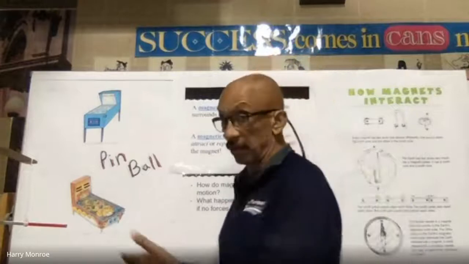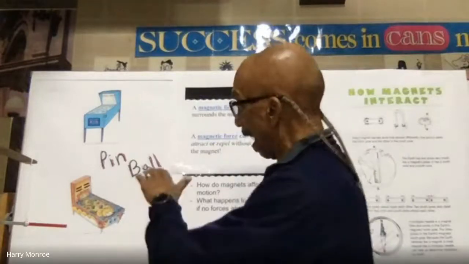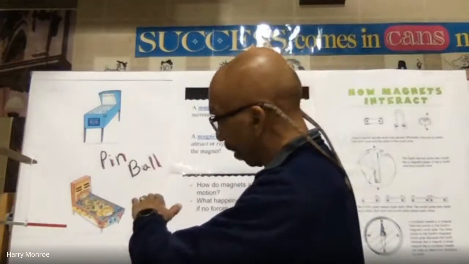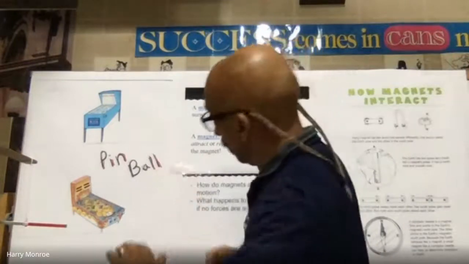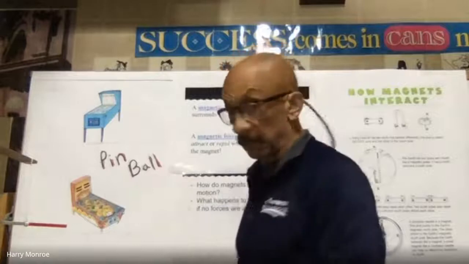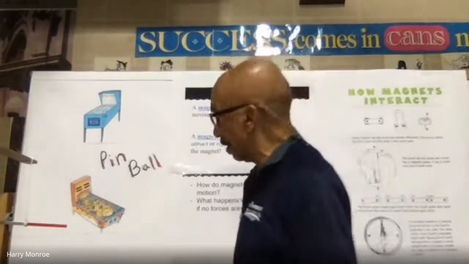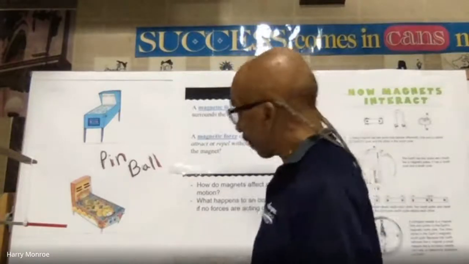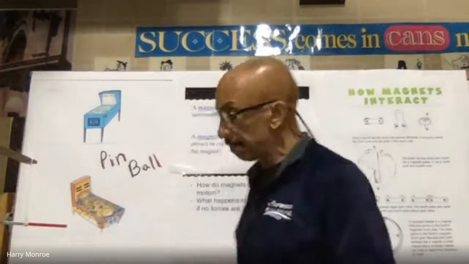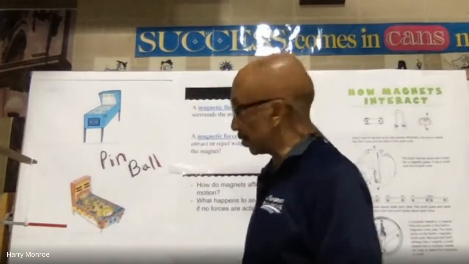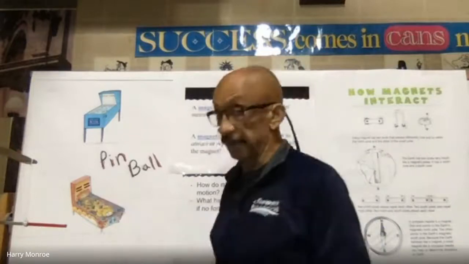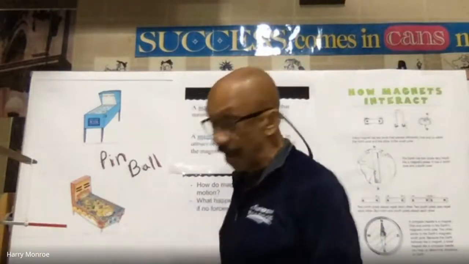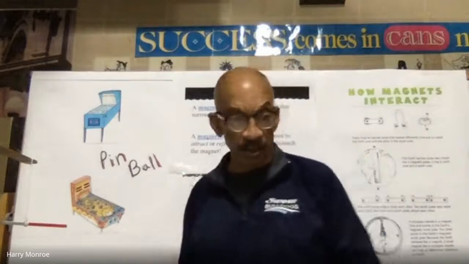One was dealing with gravity, because the actual playing area for the ball to come down was on a decline or an incline slope, and it was rolling quite fast. And then once you hit it with a flipper, it would send the ball back up, and you could score more points. Every once in a while, that ball would take an exit to the side, and you didn't have a chance to use your flippers.